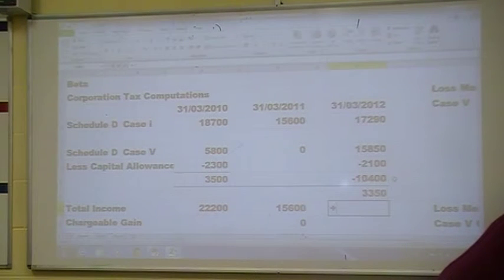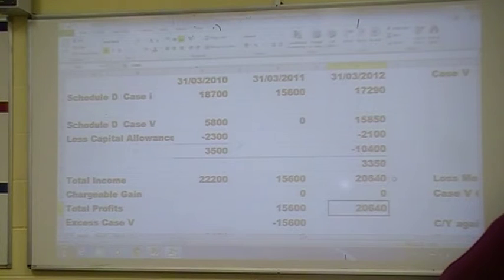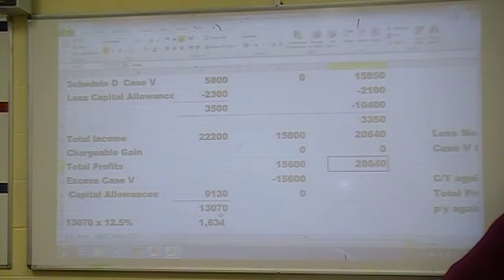That gives us total income of 17,290 plus 3,350. No chargeable gain, so our total profits is 20,640.